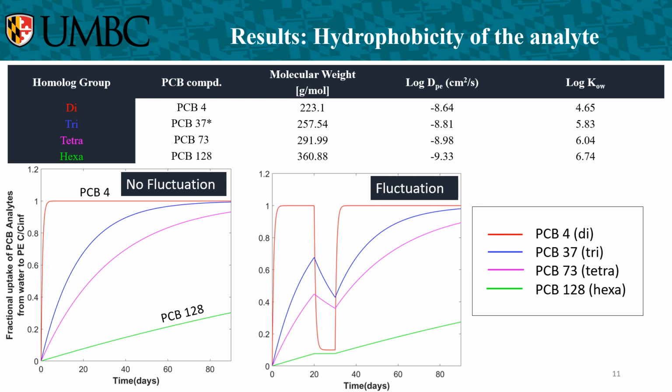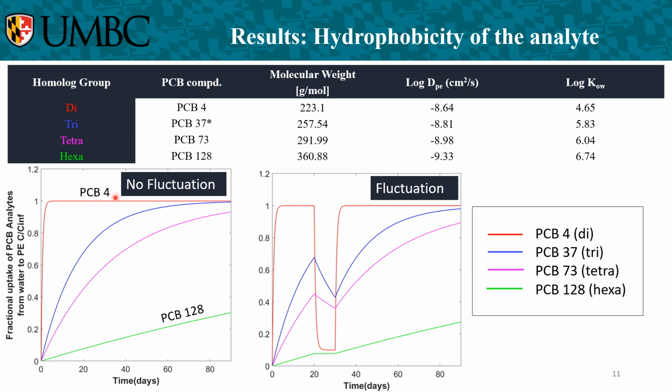Next, we want to look at the impact of hydrophobicity of the analytes on the diffusive uptake in the same 1 ml PE. For that, we are looking at a list of 4 PCB congeners here that are listed in ascending order of molecular weight and hydrophobicity, represented by the octanol water partitioning coefficient. When there is no ambient concentration fluctuation, the lower congeners reach equilibrium much faster than the higher congeners.